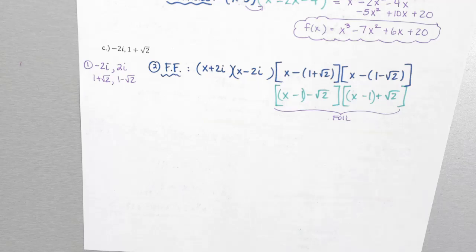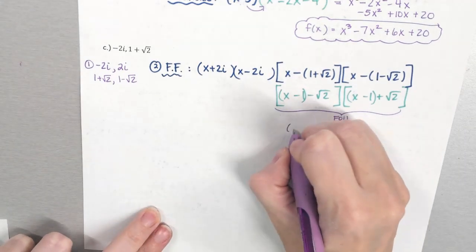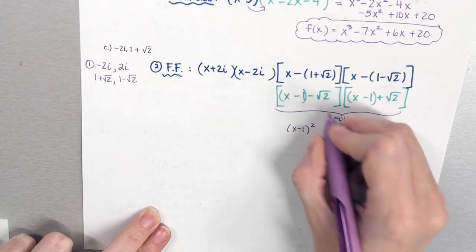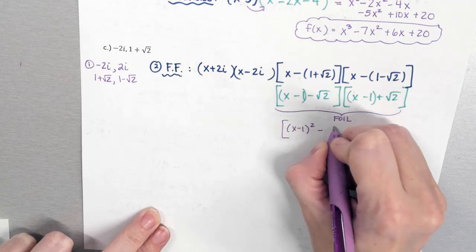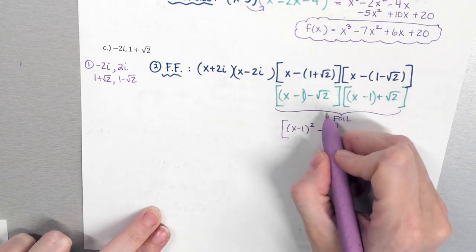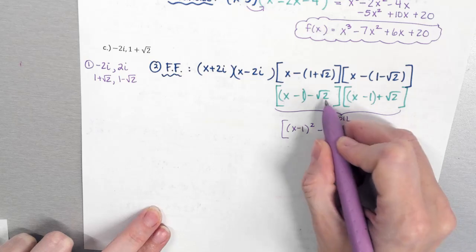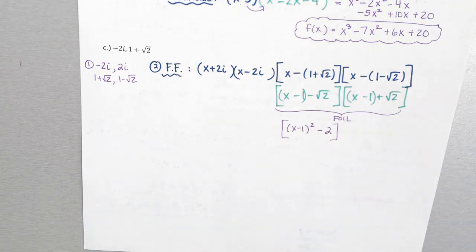Okay, so x minus 1 times x minus 1. Right, that is x minus 1 squared. What's root 2 times root 2? 2. Yep.